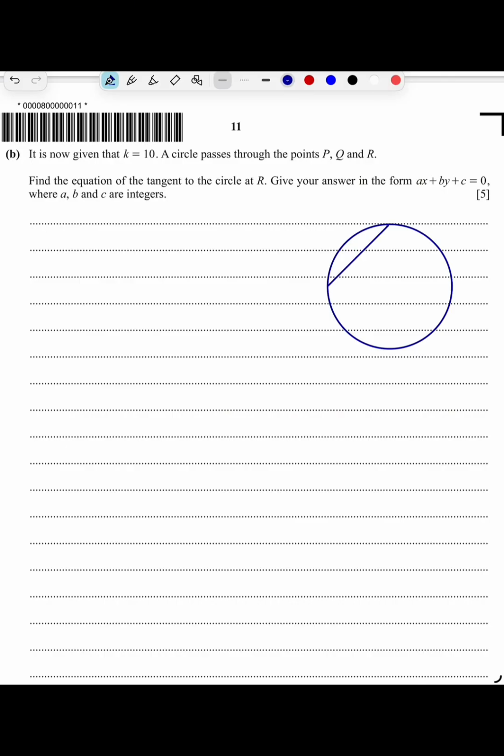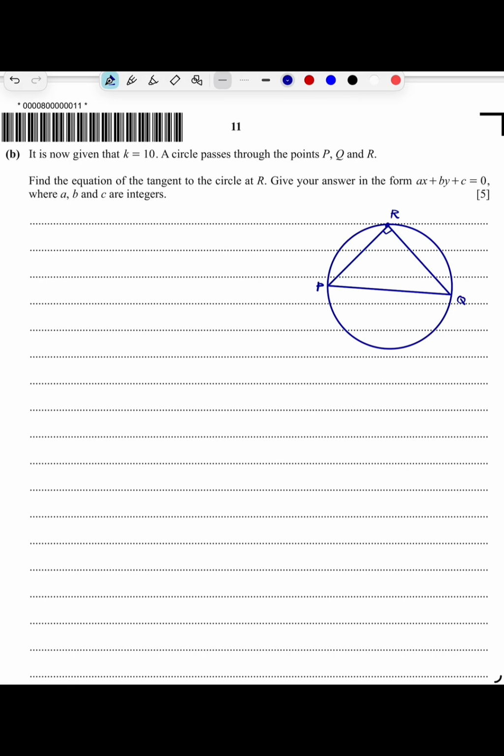If this is 90 degree, then this PQ will have to be the diameter. That's just a geometrical fact. So this was my R, this was my P, this was my Q, this was a 90 degree like we know before. And yeah, ठीक है, आगे पढ़ते हैं.